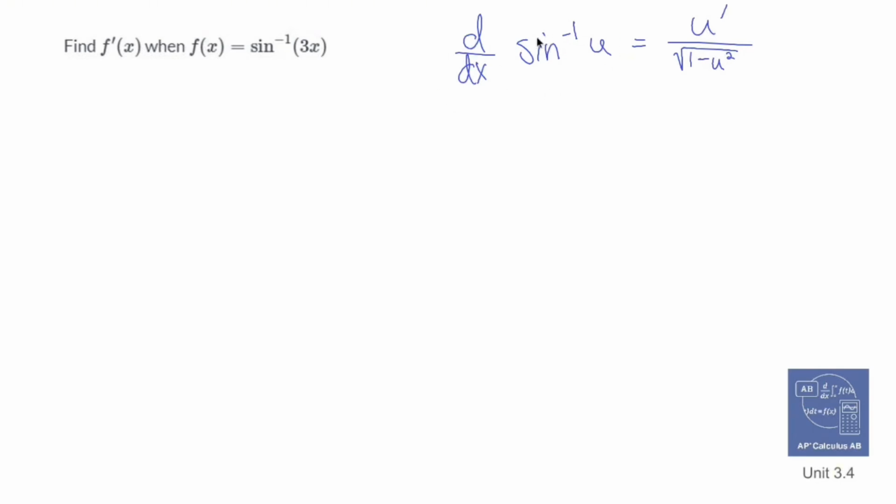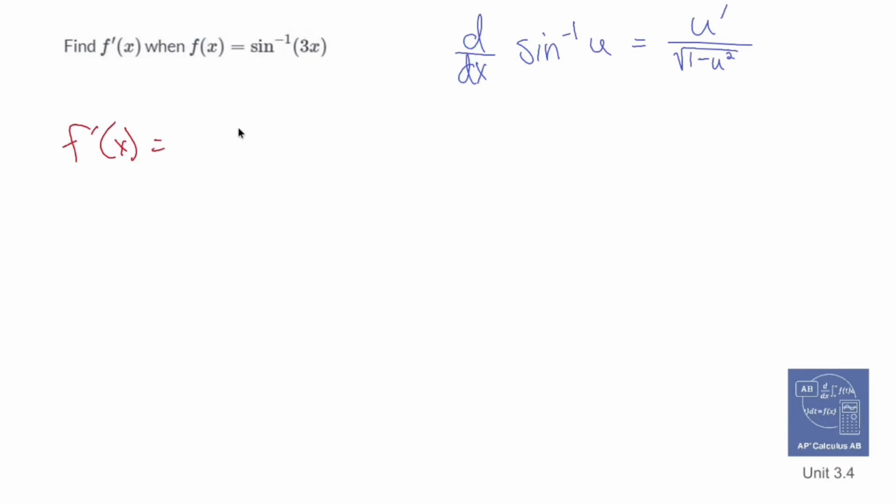You can memorize 1 over this stuff, but I would rather just go straight to the chain rule stuff because more often than not, you're going to have to use chain rule with this. So what this is going to look like is f prime of x is going to equal the derivative of the inside.